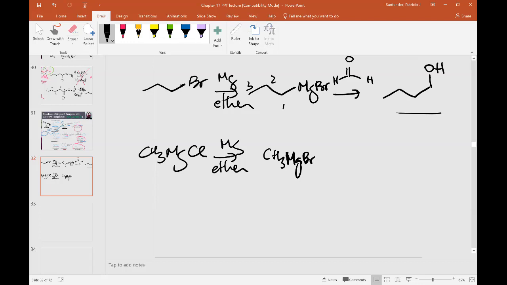And then if I react with any other aldehyde, like let's say acetaldehyde, then I will get a secondary alcohol, right? I will get a 2 carbon atom derived from the acetaldehyde there. And then I am adding 1 carbon atom that came from the Grignard, right? So I will get that.